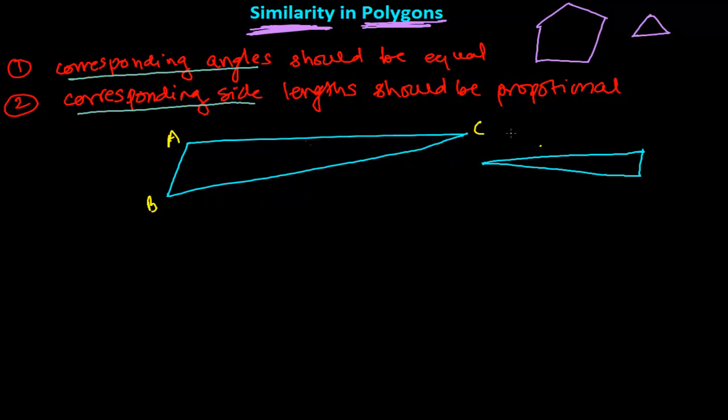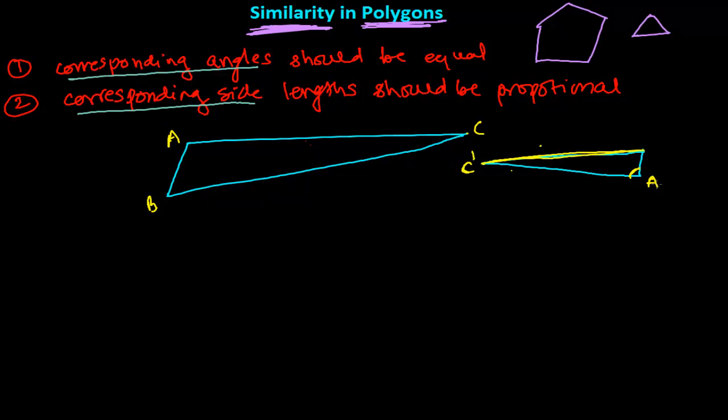If you match them properly, then this part looks like angle A. This is the biggest side, and here the biggest side is BC, and the biggest point is C. So I need to give this C dash.